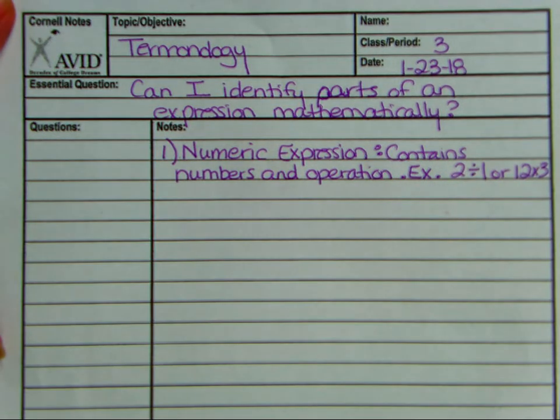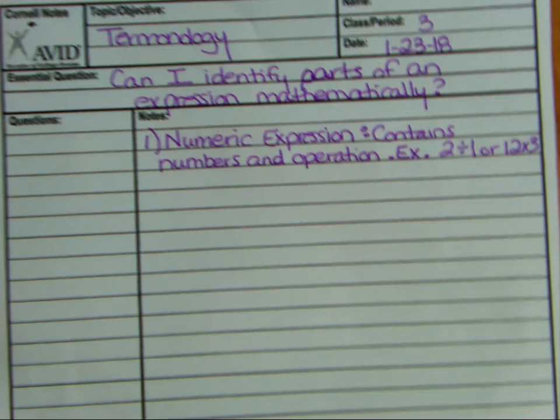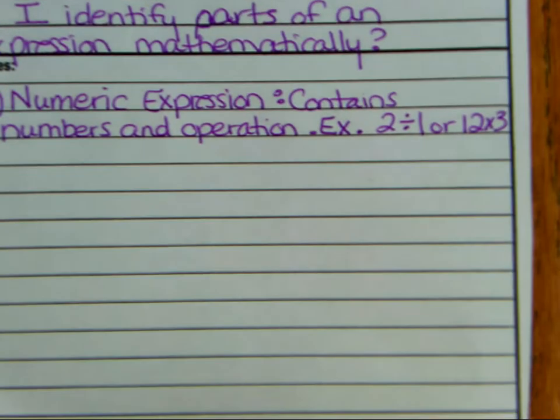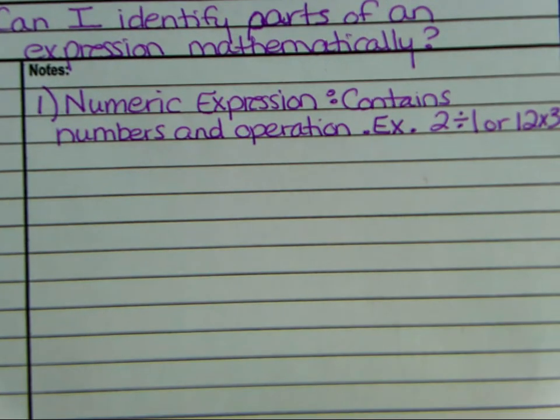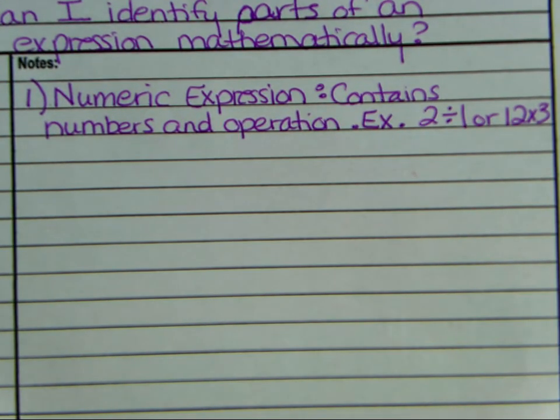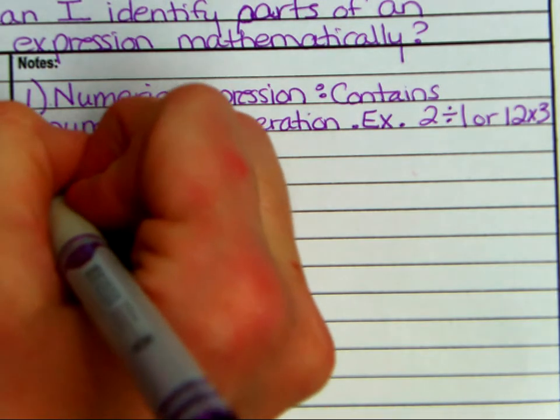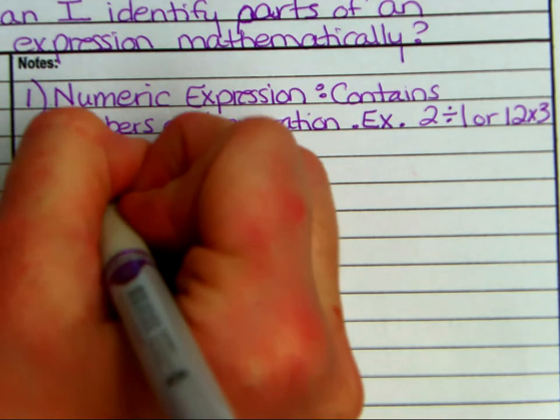Those would be 2 examples. And I'm going to actually make this a little bit bigger so that you can see. Okay. So that's the first one. So if we have numeric expressions, the second type of expression that we have is an algebraic expression.